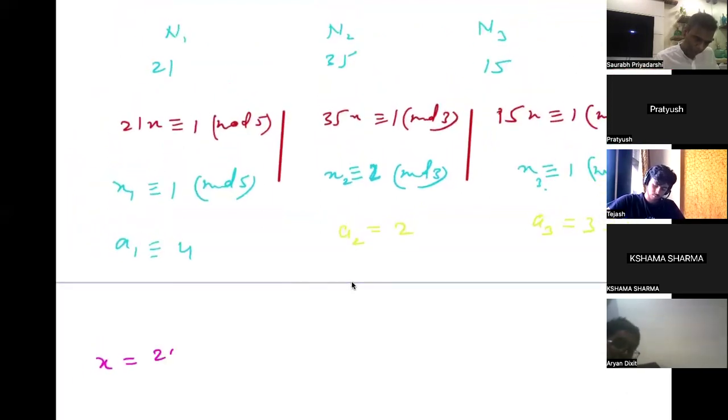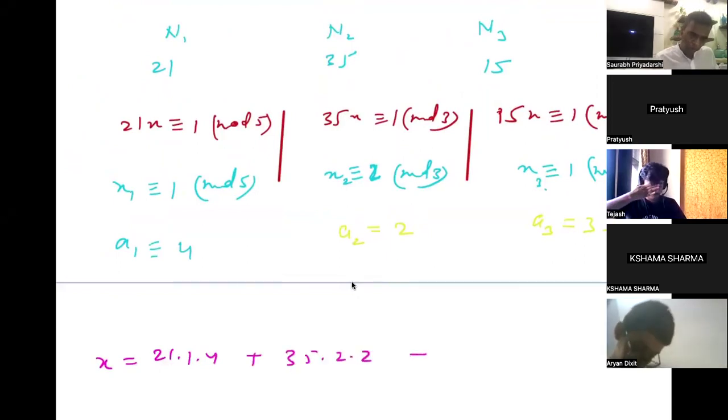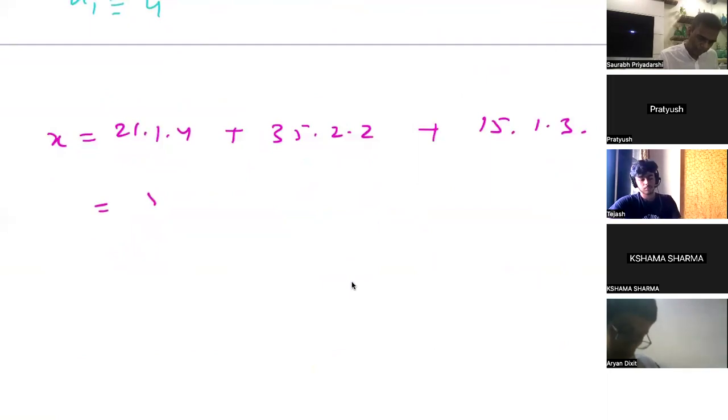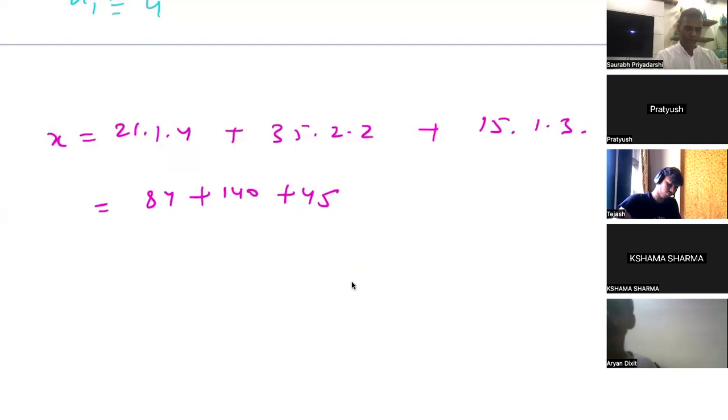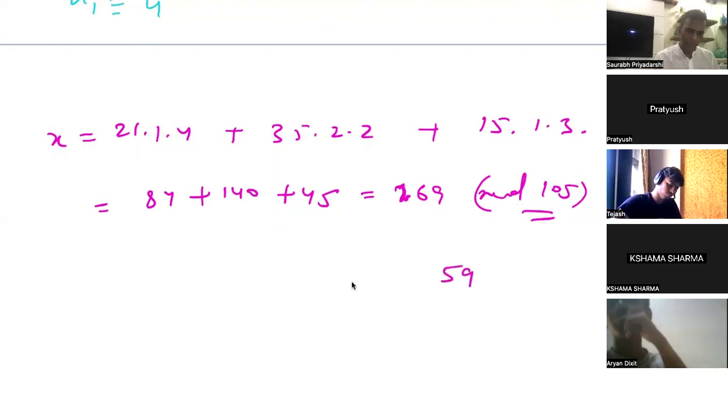This is 21 into 1 into 4 plus 35 into 2 into 2 plus 15 into 1 into 3. 84, 140, 45. This is 269 mod 105. This is coming as 59.